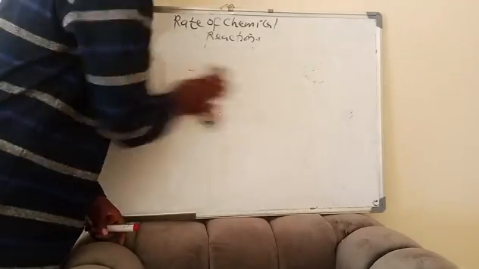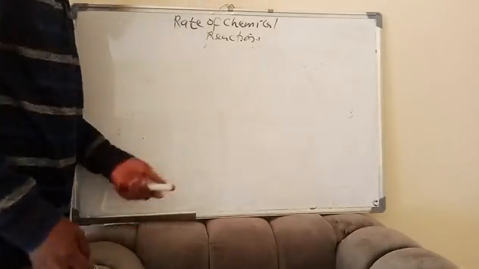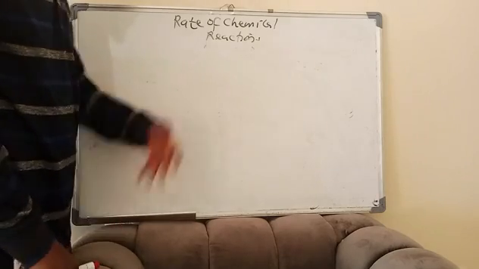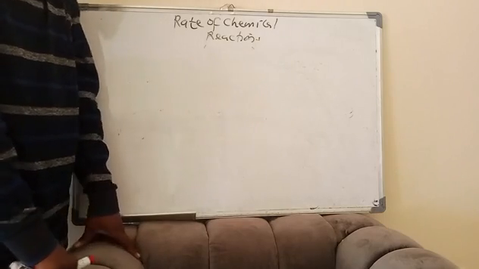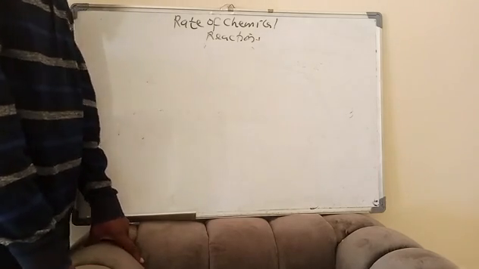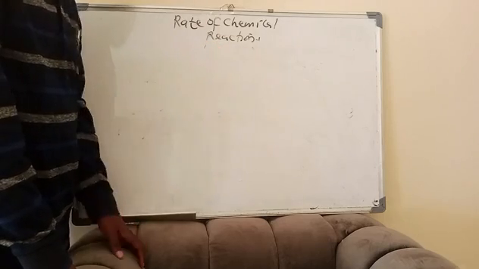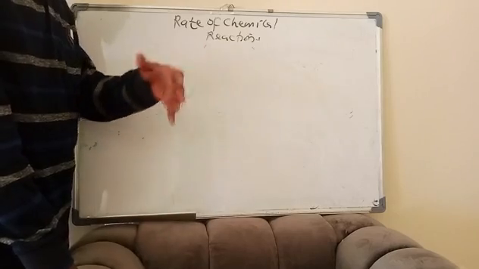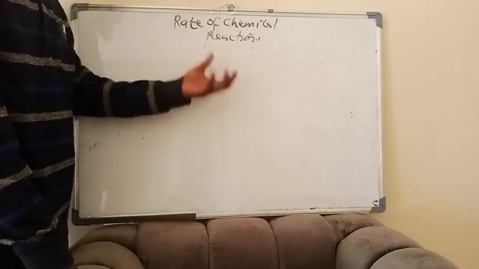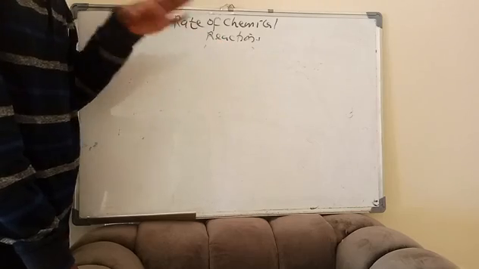Like I said, why do we have to be concerned with how fast or slow a reaction occurs? It's very important for us, especially for the industrial chemist who is into production of chemicals like your soap, your petrol, many chemical products that you have. They are obtained from certain chemical reactions.